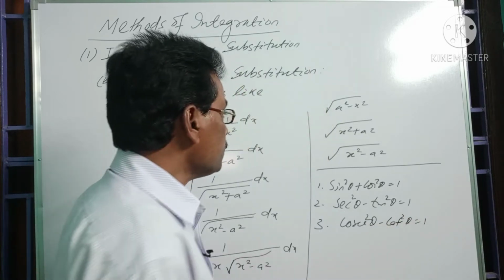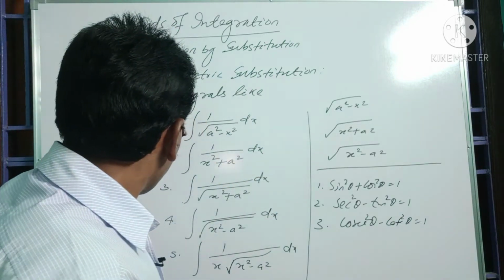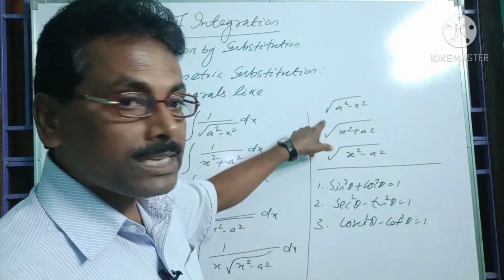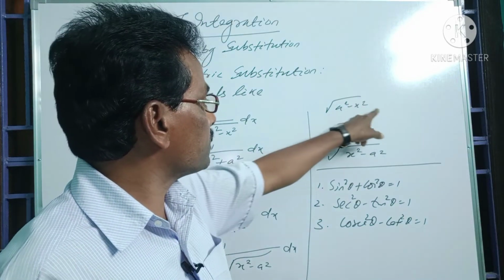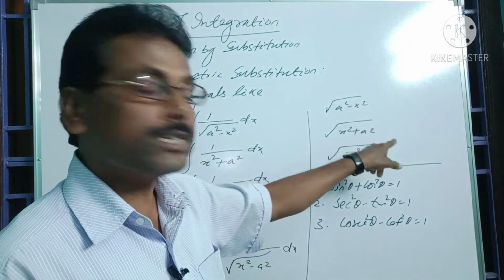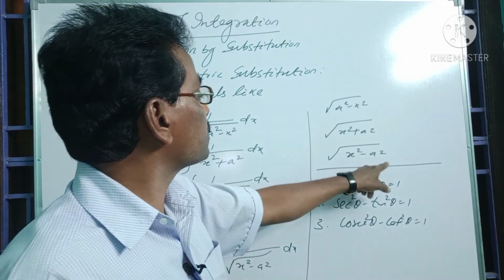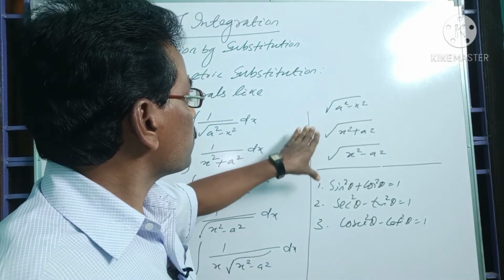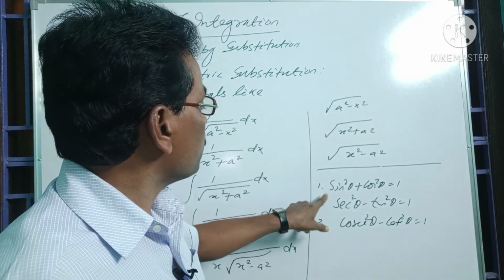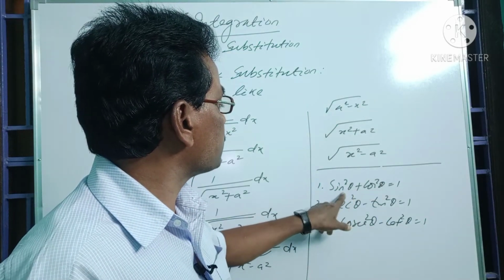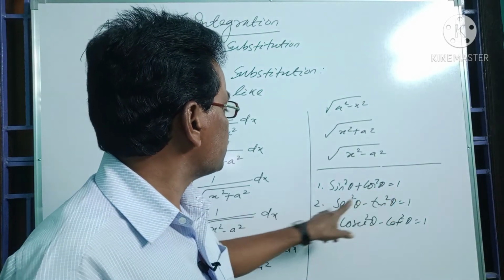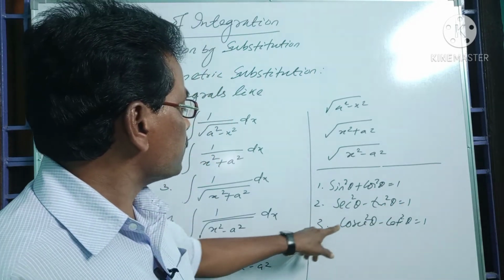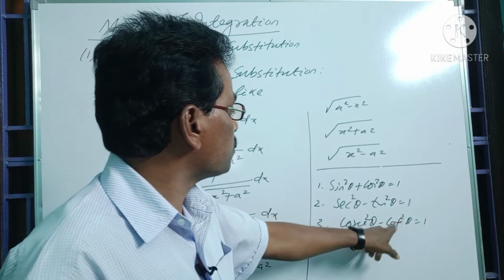So in order to integrate these 5 types of integrals, as these integrals contain irrational forms like root of a square minus x square, root of a square plus x square, and root of x square minus a square, we have to consider the trigonometric identities: sin square theta plus cos square theta equal to 1, sec square theta minus tan square theta equal to 1, and cosec square theta minus cot square theta equal to 1.